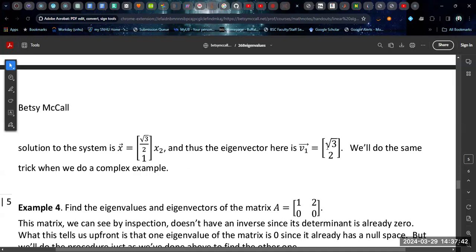Now, when you do these solutions that have these square roots in them, because the only difference between the two components is the plus square root versus the minus square root, when you solve one of the equations, you can just designate that the other solution is the negative in front of the square root solution.